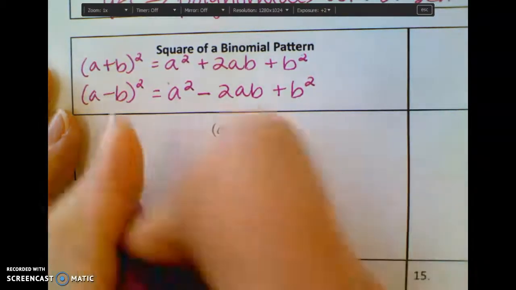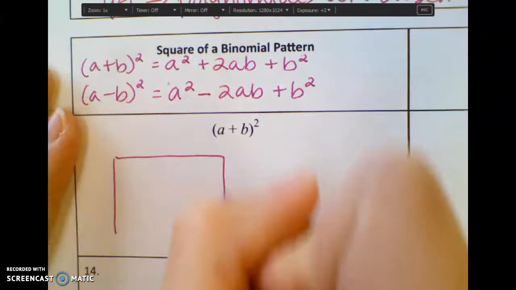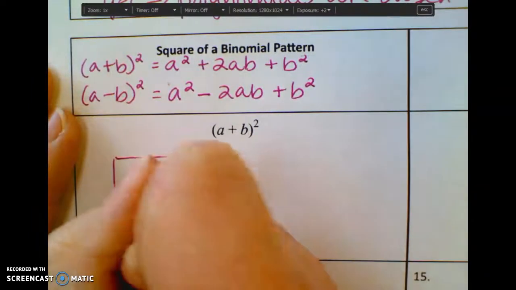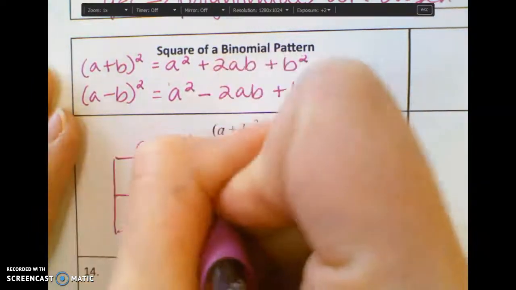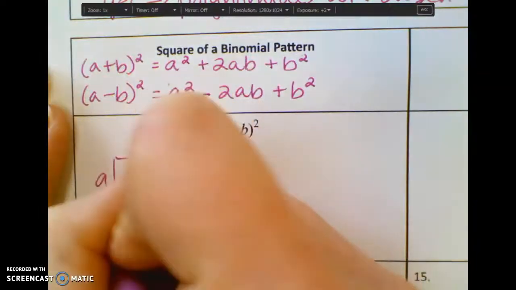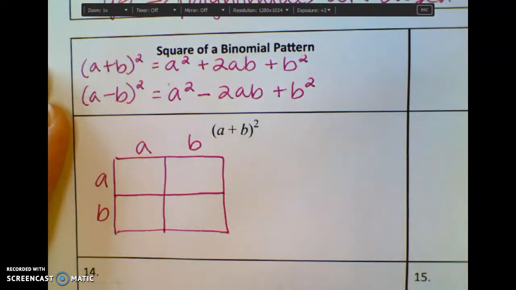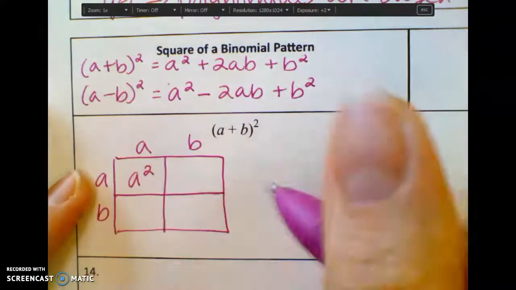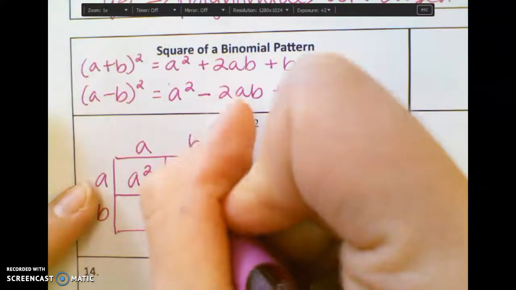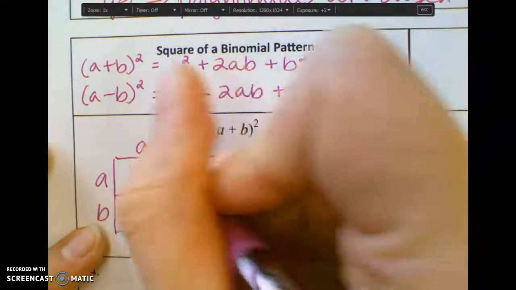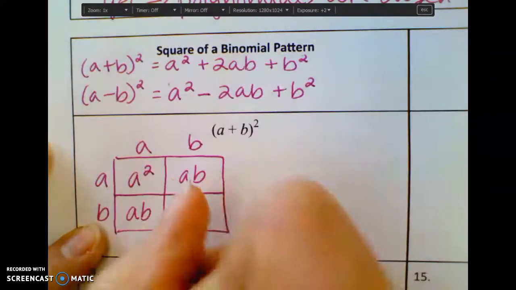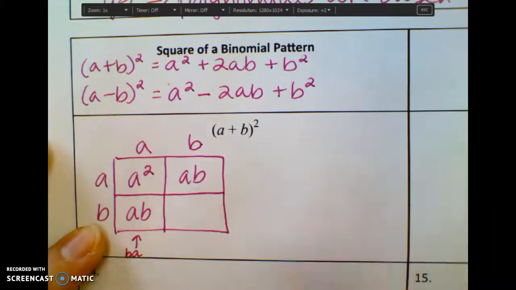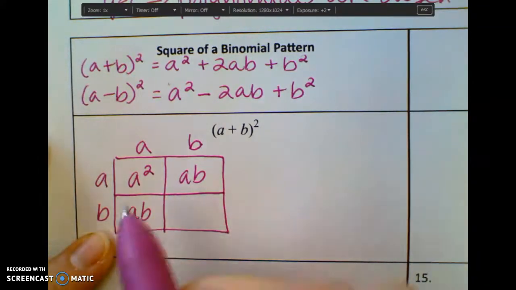First thing I want to do is look at why this works with a graphic organizer. So we're going to take (a + b) squared and make a graphic organizer. I put a + b on the top, a + b on the bottom, and we are multiplying them. So a times a gives me a squared, a times b gives me ab, b times a gives me ab, and if you wrote it as ba, these mean the same thing.